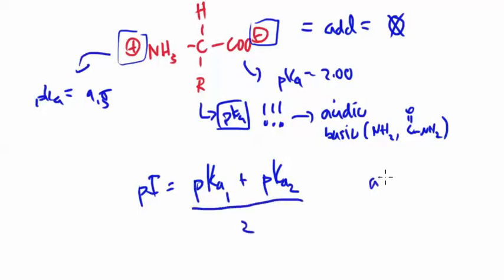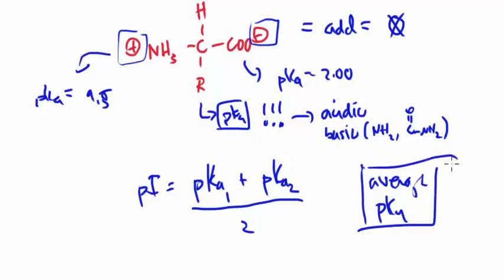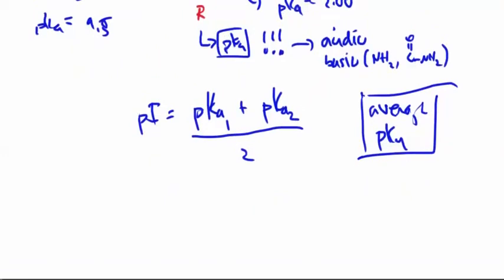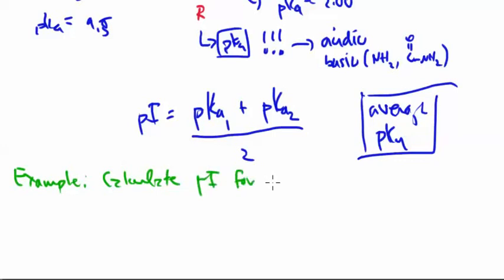So you're really simply averaging the pKa values. That is what we're after. Okay, so let's do an example. I'll show you how easy these examples are going to be. Let's take a look at an example that says: calculate the pI for alanine.